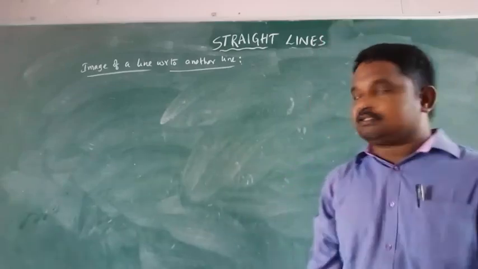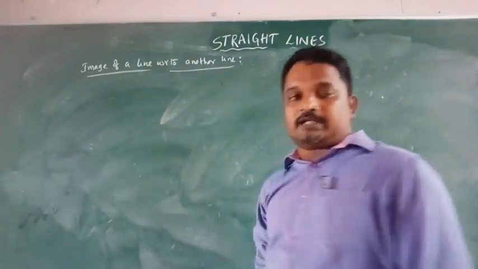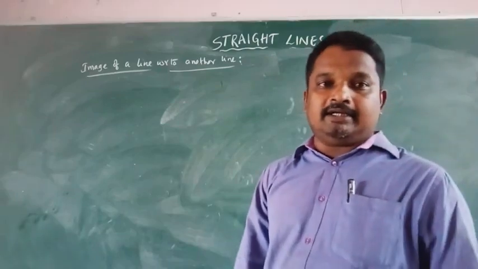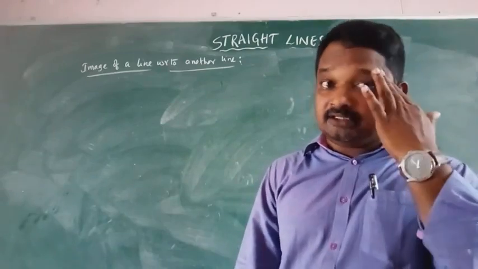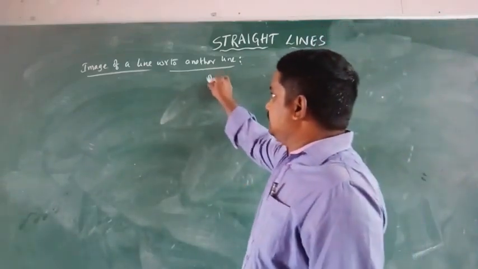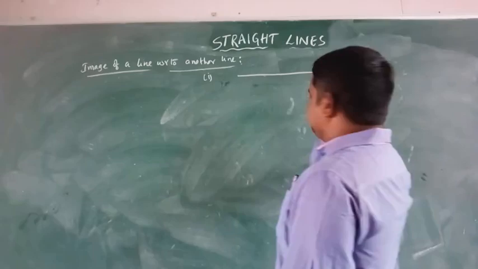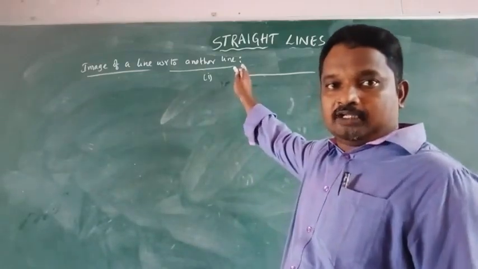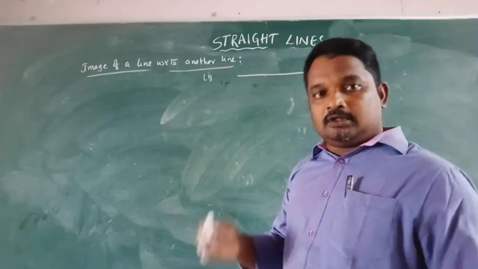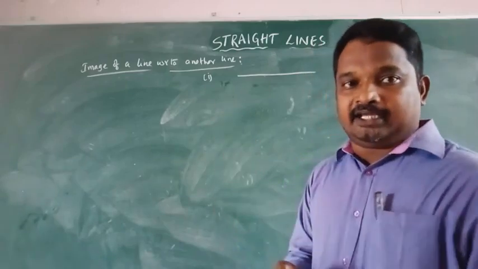So now the next one is the image of a line with respect to a line. Up to now we learned the image of a point with respect to a line. See, here 2 cases will arise. If this is a line, we want to find the image of this line. Case 1: if the line is parallel to this line.